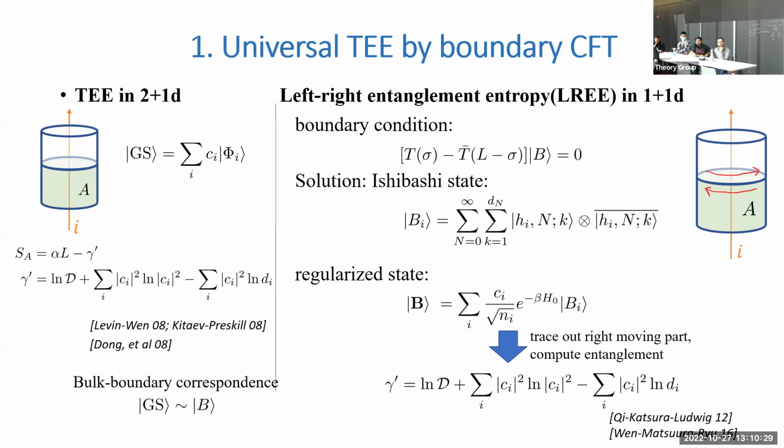So here it is not the physical boundary, but more like this entanglement boundary. So in general, we don't have to require that it is a Cardy state, we can do something more general.